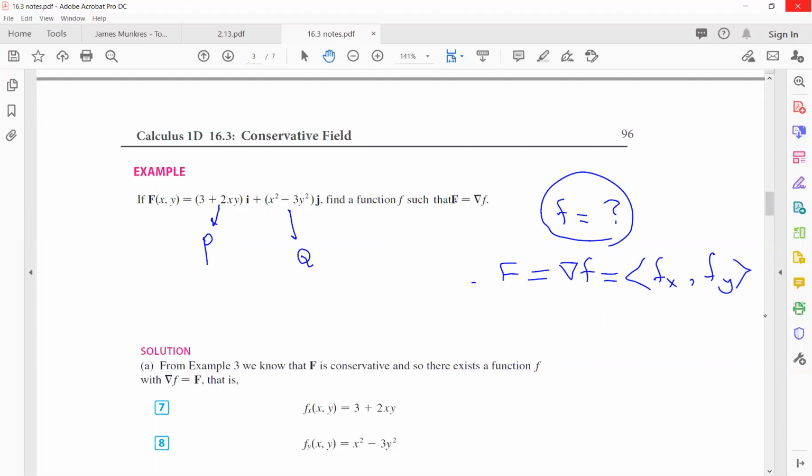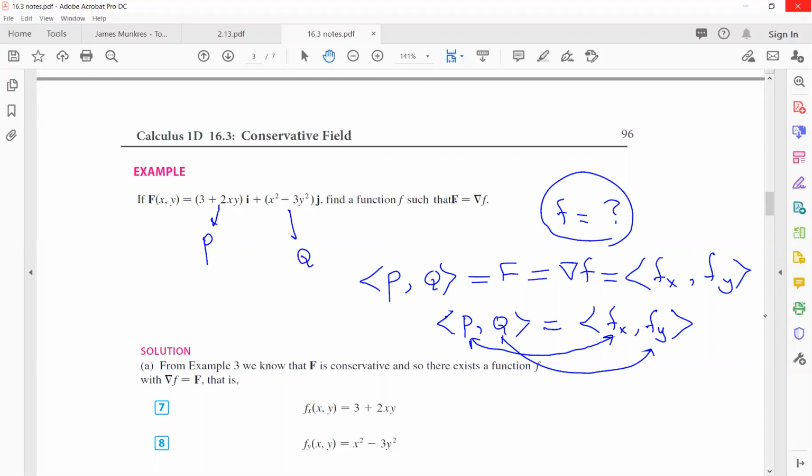At the same time, your vector valued function is equal to P and Q. What's the meaning of that? It means that P comma Q is equal to f sub x and f sub y. It means that P is equal to f sub x and Q is equal to f sub y. This helps us to find function f.